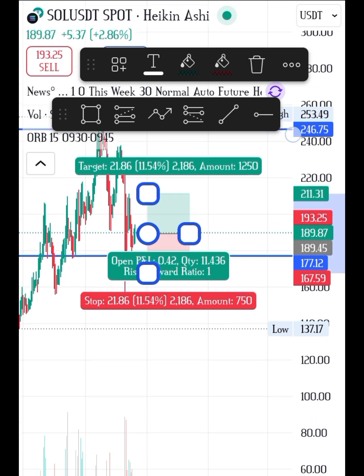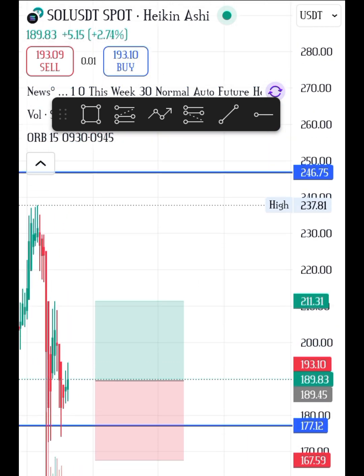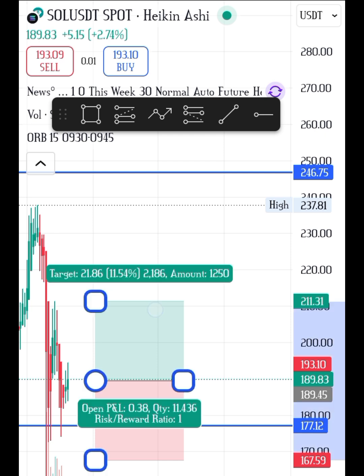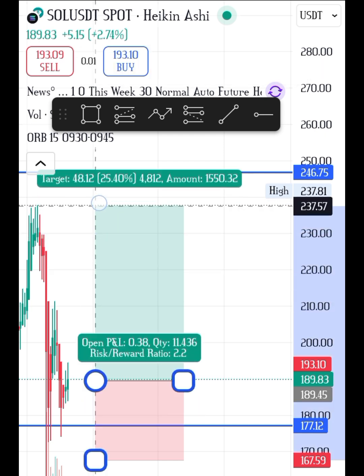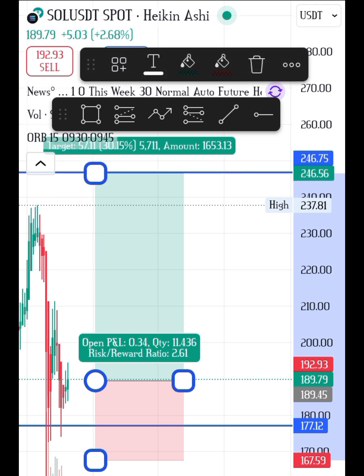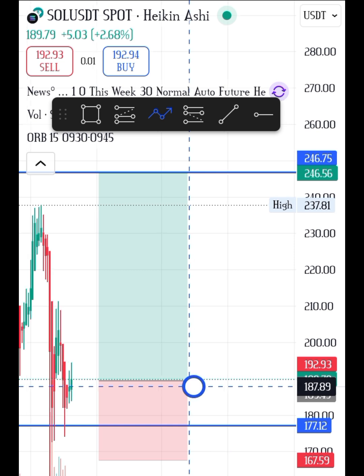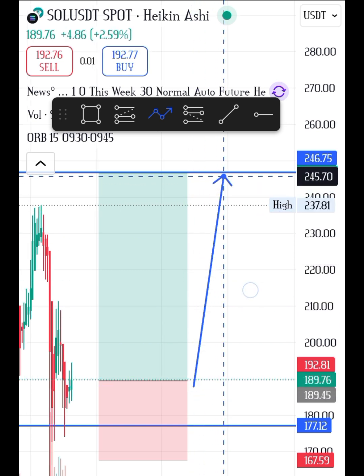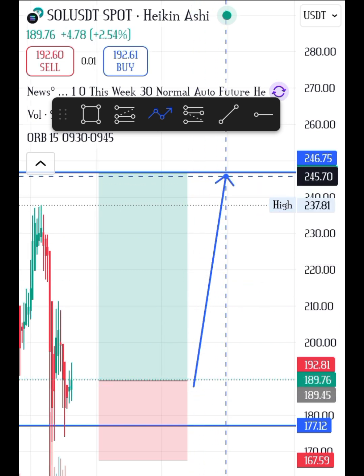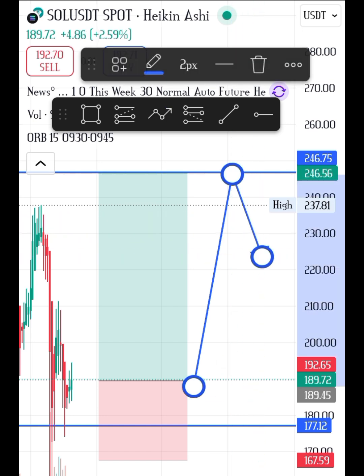I'm putting three orders in my Bybit. The first order is I want to take profit once it reaches this resistance zone, because basically the logic is if this price increases from here, it should go over to the next massive resistance zone before it falls back down. That's basically the logic.